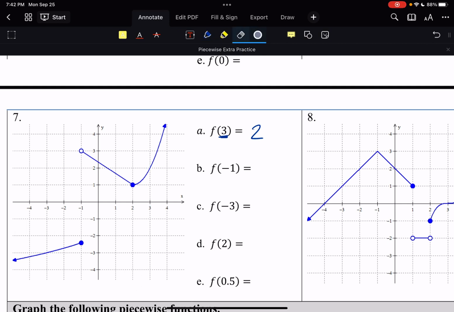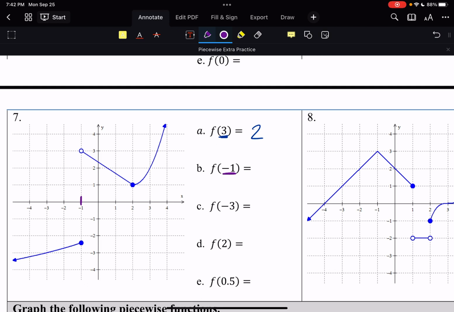Okay, if I do f of negative 1, my x is negative 1. I see two values. One's a hole, one's a closed circle. Remember that the hole represents that that x value is not defined there. So that piece of the domain is not defined there. The closed circle is where it is defined.